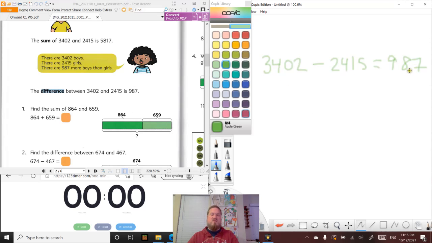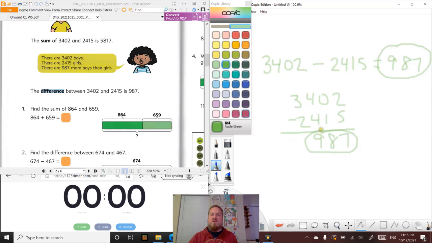Since this is a subtraction problem, the answer is the difference, 987. Same thing if you write it this way. This minus this is 987. This is the difference between 3,402 and 2,415. Okay?